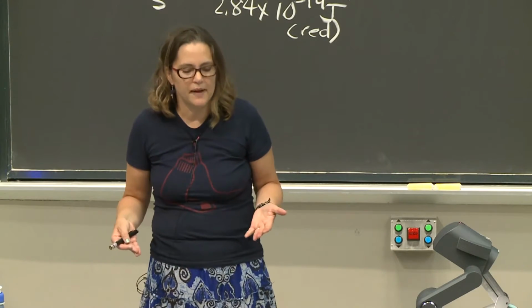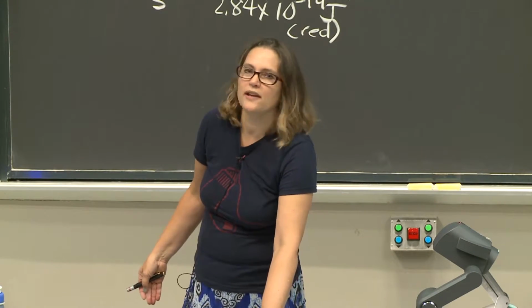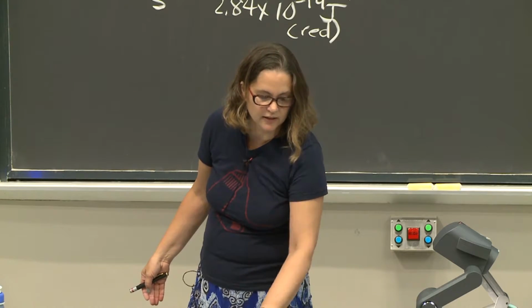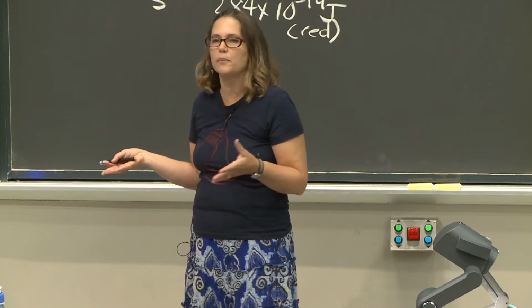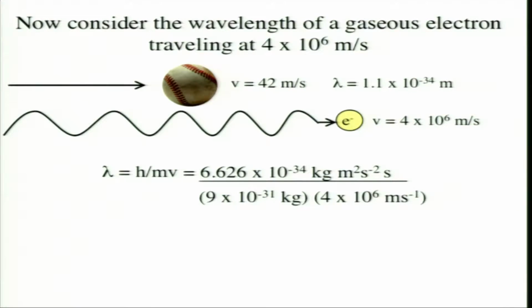So when you're talking about a baseball, the wavelength is really not very relevant to you because it is this incredibly small, undetectable number. But if you're talking about an electron, it's entirely different.